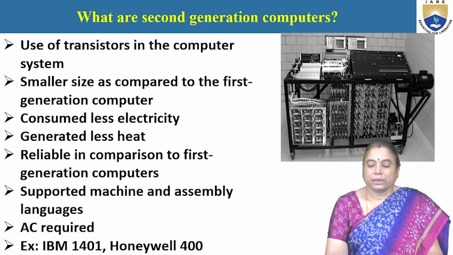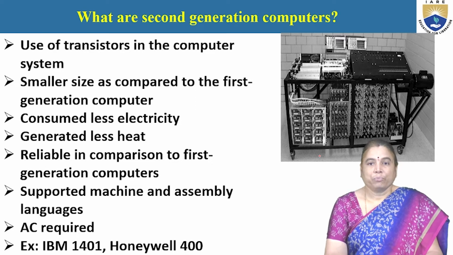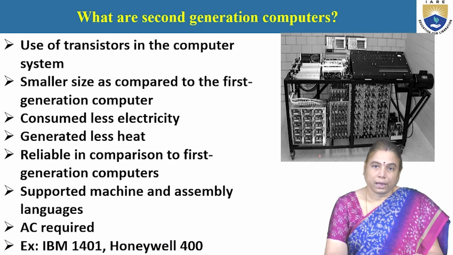Next, what are second generation computers? The generations of computers generally refer to advancements in the electronic devices that are used for the construction of computers. The advancement in the field of electronics can be reflected in the manufacturing of the computer, so these can be treated as generations of computers.